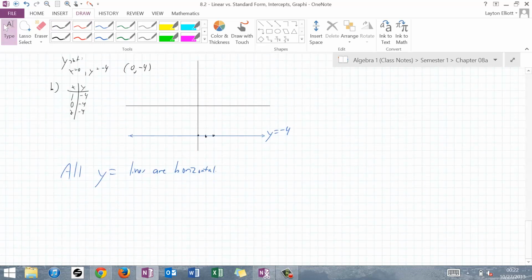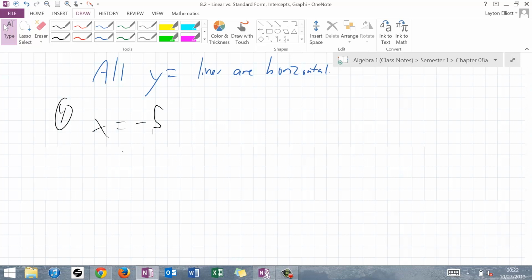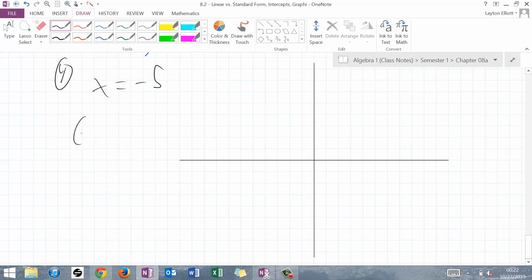Let's go to number 4. You probably saw this coming. I'm going to do x is equal to negative 5. Okay, so when x is equal to negative 5, we're going to go a little bit faster here. I just need points that have x as negative 5, like negative 5, 0, negative 5, 1, negative 5, negative 1. Every point has negative 5 for x, and y can be whatever we want it to be.